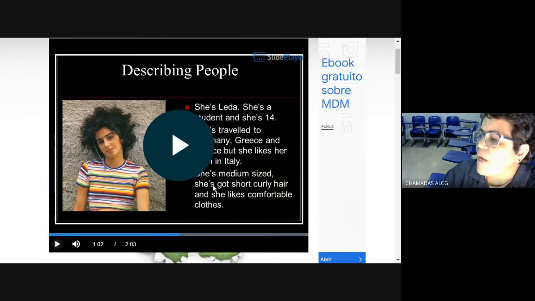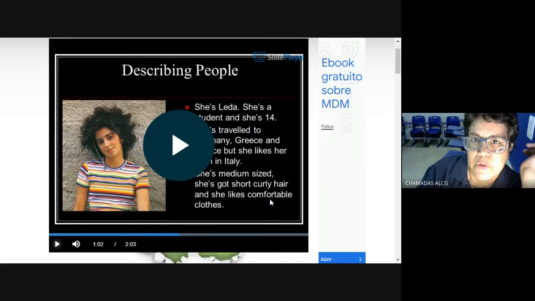Then they describe Leda physically. So she's medium-sized, not tall, not short. She's got short, curly hair, and she likes comfortable clothes.